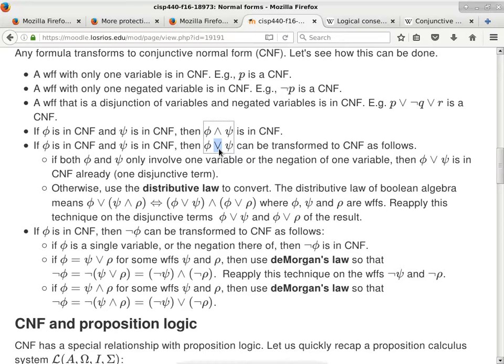This part here is the connection between general propositional calculus, which is all this stuff here, and CNF, conjunctive normal form. Is that okay? Does everybody understand the connection between propositional logic and CNF?